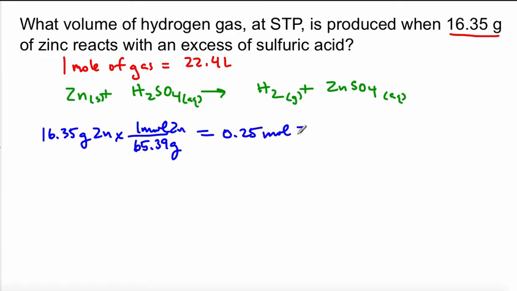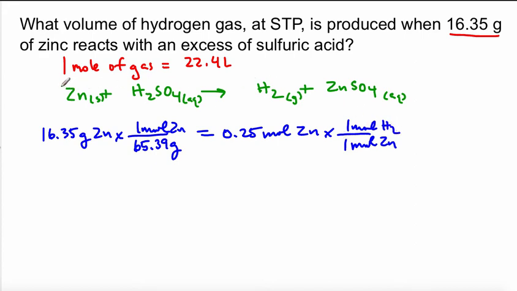0.25 moles of zinc. And now from here, there's not a lot of stoic left to do because the equation balanced out and everything is in a 1-to-1 ratio. So what that means is if we have 0.25 moles of zinc, we're going to have 0.25 moles of hydrogen because there's a 1 mole of zinc to 1 mole of hydrogen ratio.